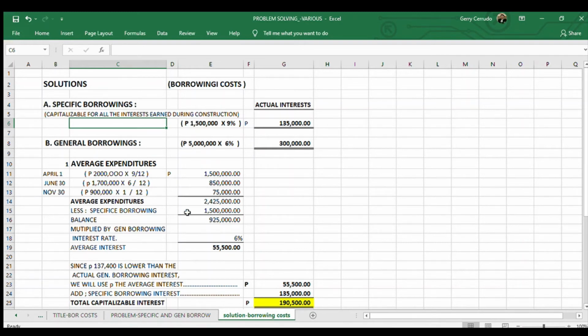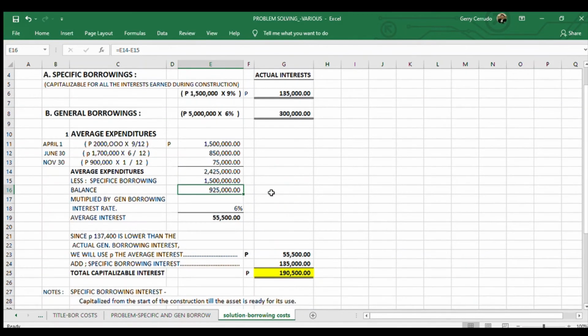All we have to do is to less the specific borrowing because no problem tayo dyan. This is really intended for the project. Aalisin natin itong 1.5. So, yung natira ngayon na balance na 925, that will be the basis of the interest. No?